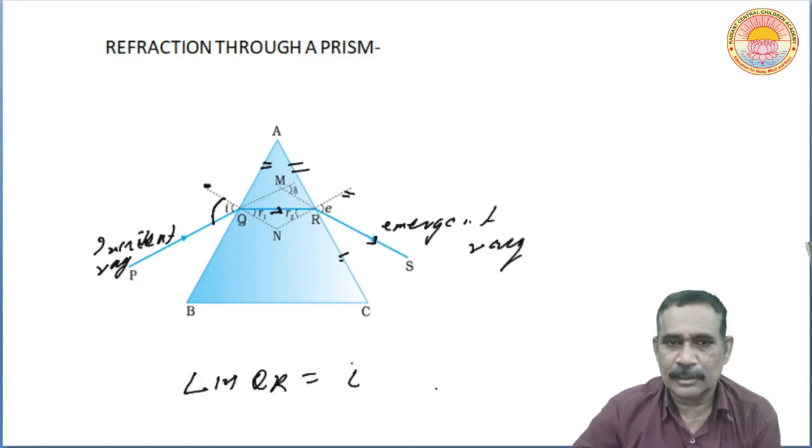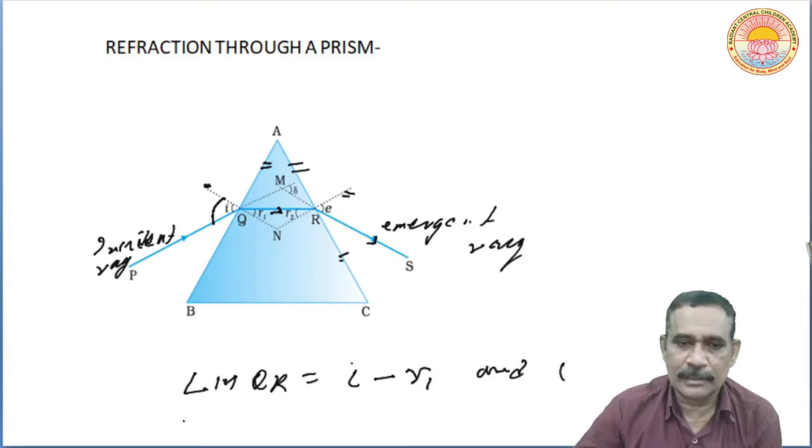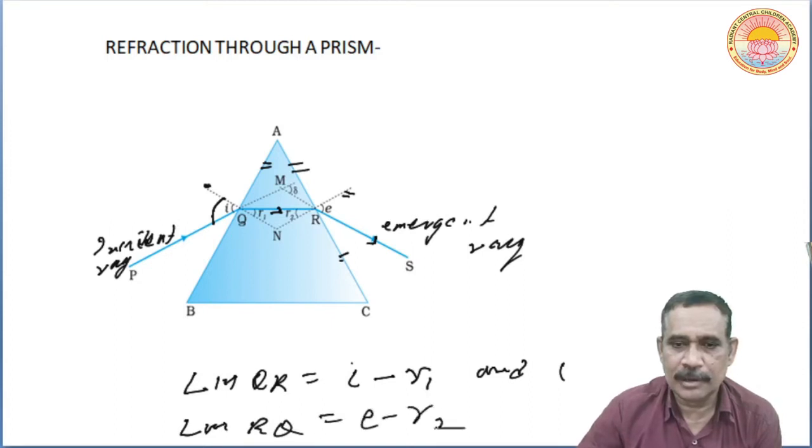So angle MQR equals I minus R1, and angle MRQ equals E minus R2, because all this angle is equal to all this angle.